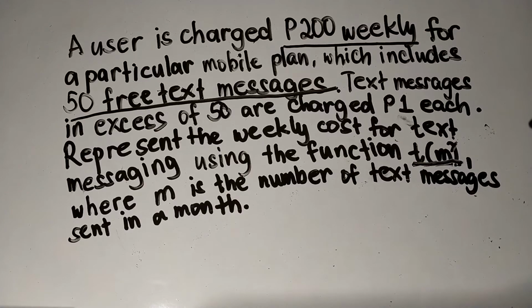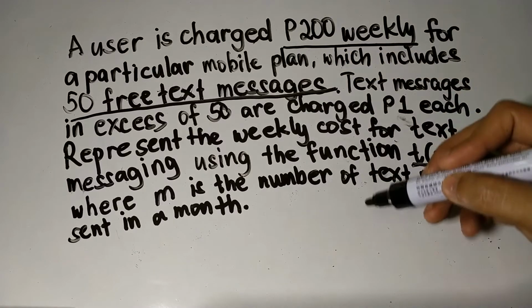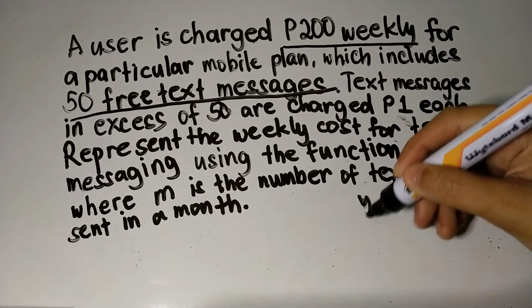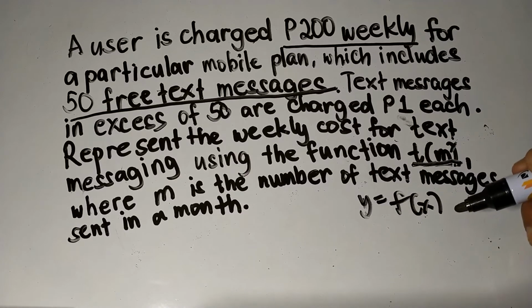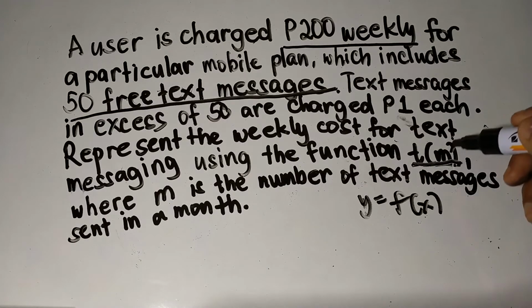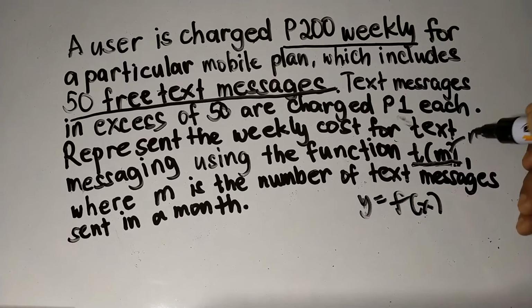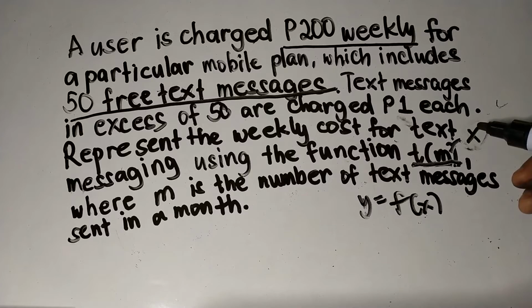Okay, so pwede tayo mag-start. So, T of M, alam naman natin na y is equal to f of x. Dito, T of M, so yung M natin is our x. Kaya may x dito kanina. That's our x.